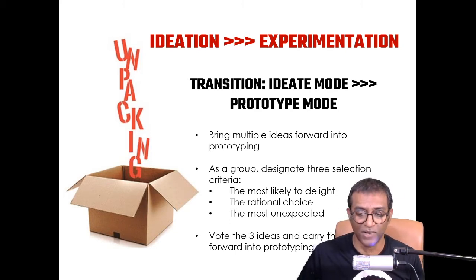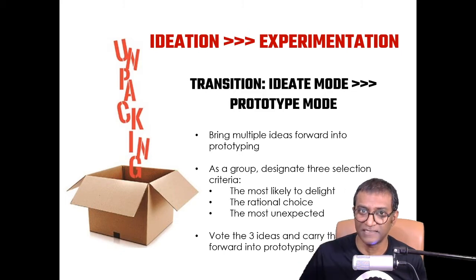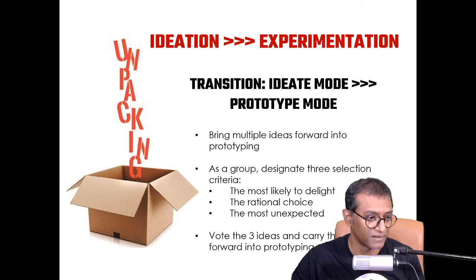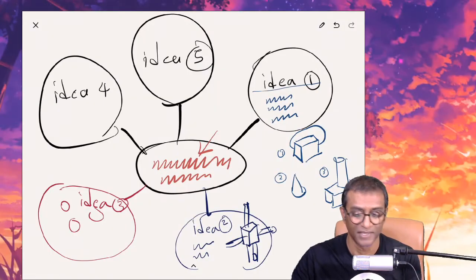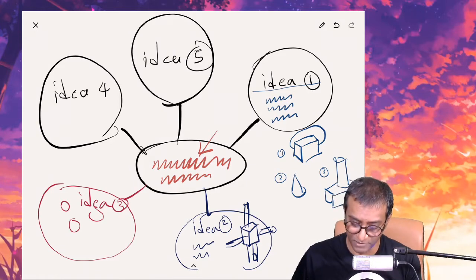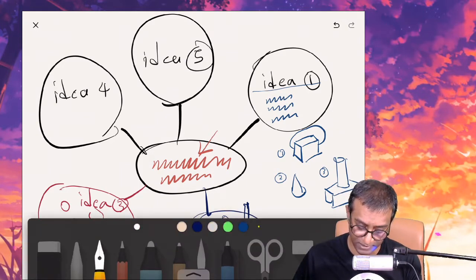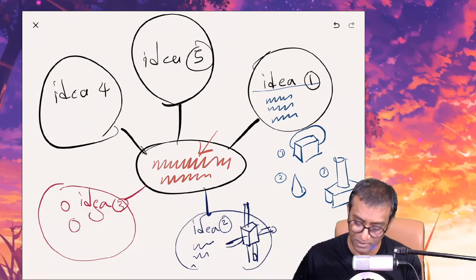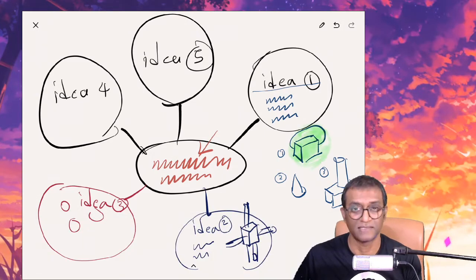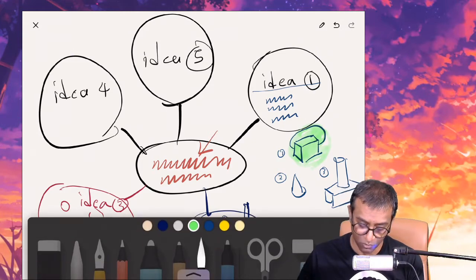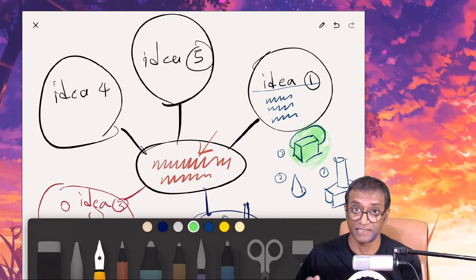Now, let's just say once you have your final idea selected, let me just show you my iPad again. Let's say you like this idea, and then you want to bring this idea to life.